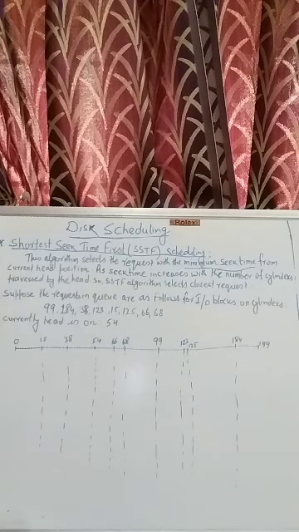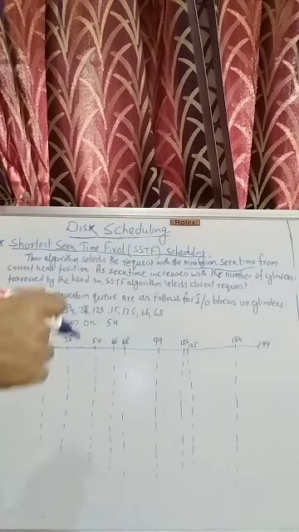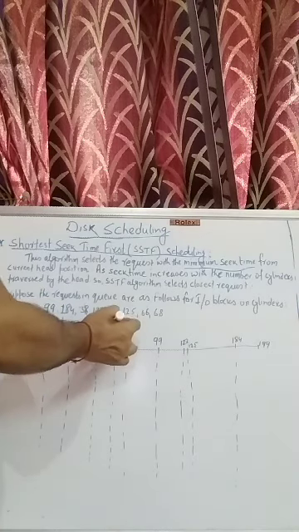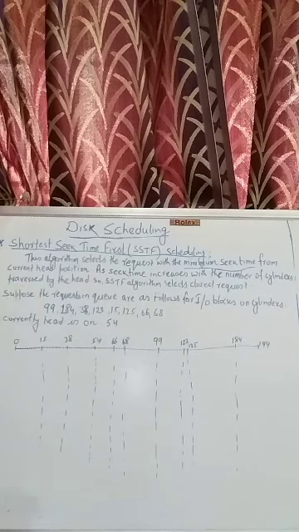These are the requests from different processes, and suppose the head is currently on cylinder number 54. So for each request we have to compute the head movement from the current location. The current location is 54.